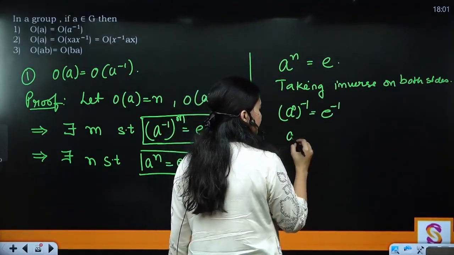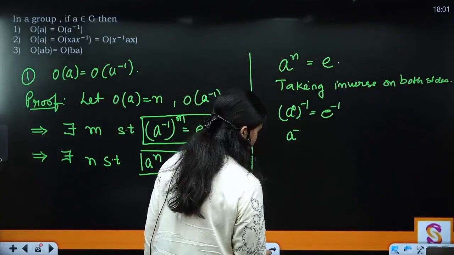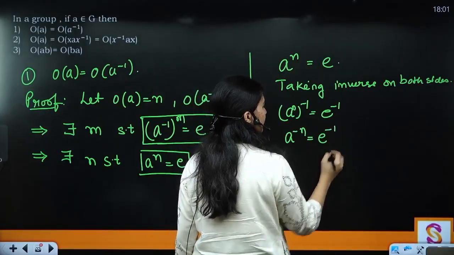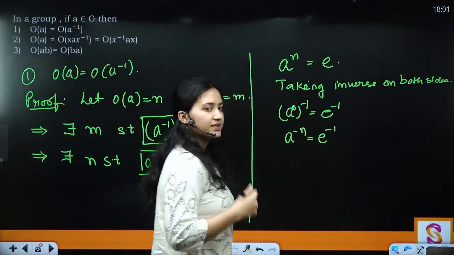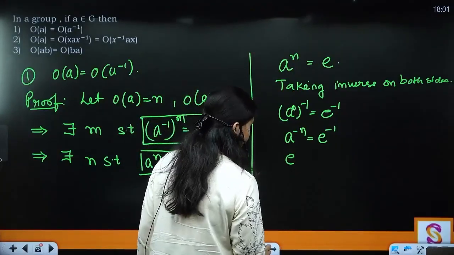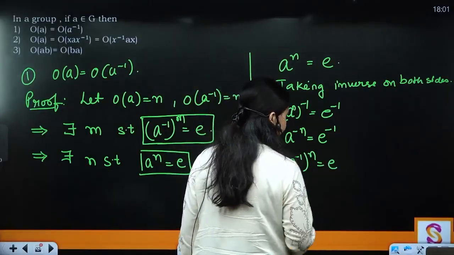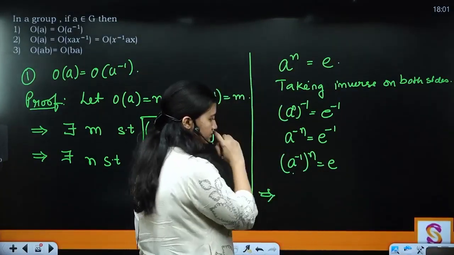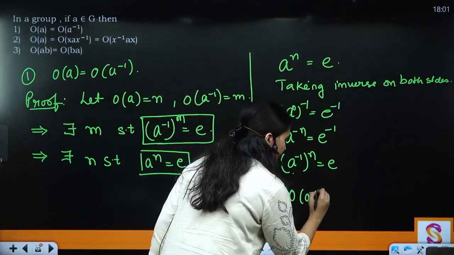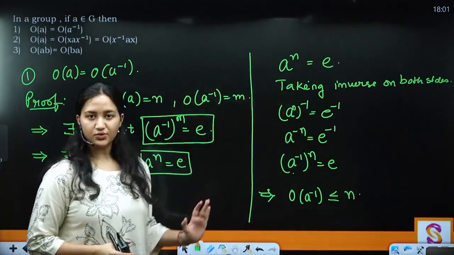Now this can be written as A raised to the power minus n, equals E raised to the power minus 1. E raised to the power minus 1 is again going to be E only. So this can be written as A raised to the power minus 1, to the power n, equals E. Now this implies that order of A inverse is less than or equal to n, right?